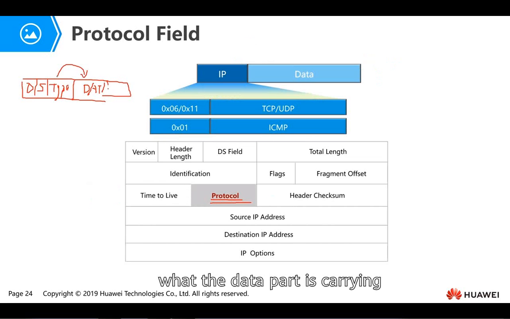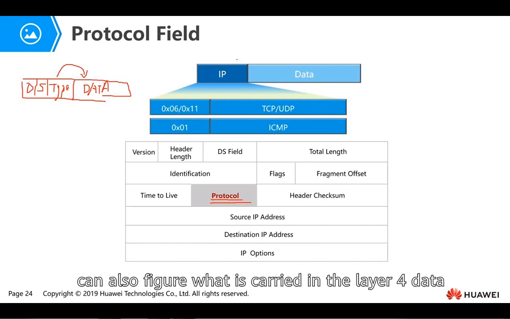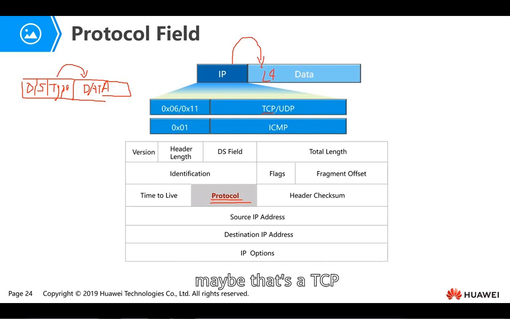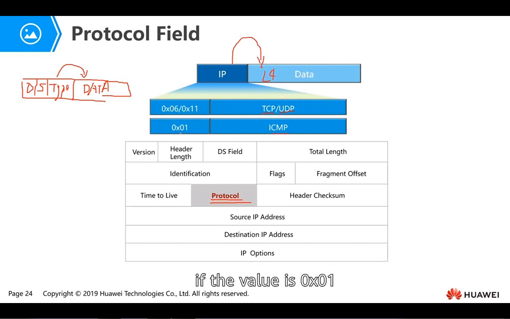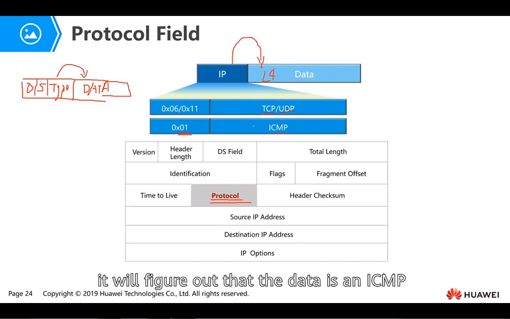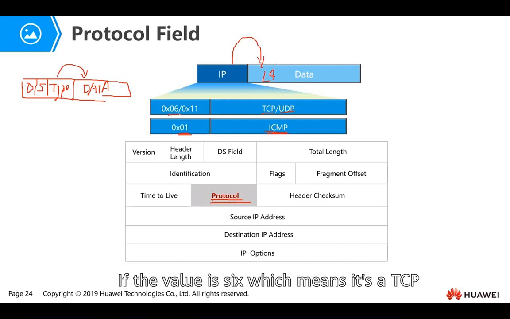The protocol field also figures out what is carried in the layer 4 data. Maybe it's TCP, maybe it's UDP, or maybe it's ICMP. If the value is 0, it means the data is ICMP. If the value is 6, it means it's TCP.